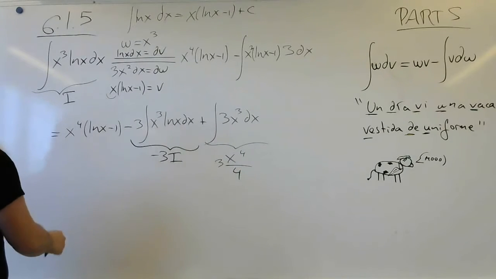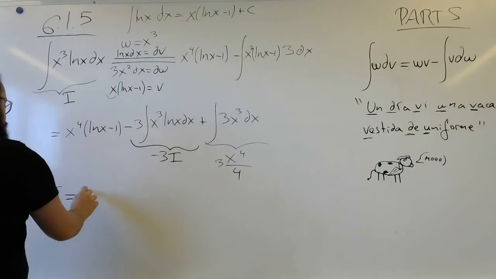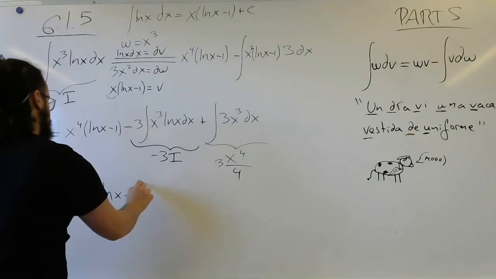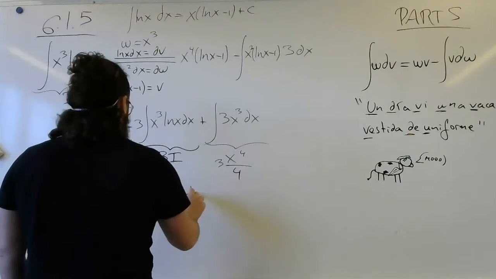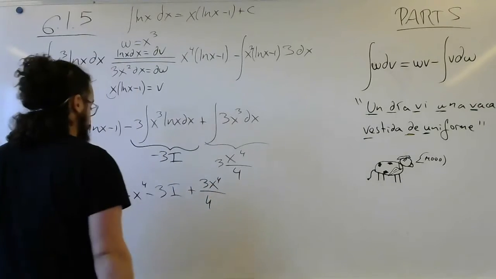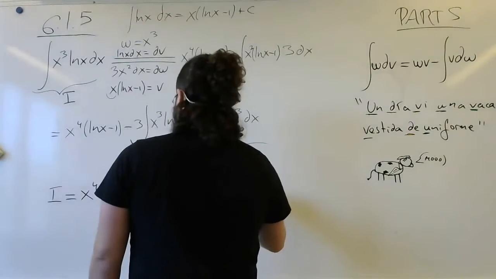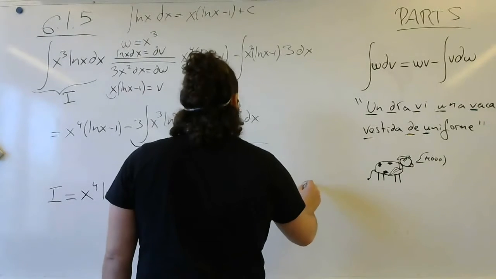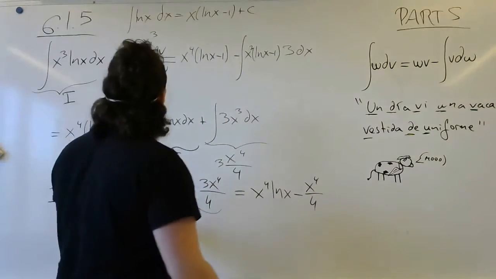And so this equation has become the following. I is x to the fourth logarithm of x minus x to the fourth minus 3I plus 3x to the fourth divided by 4 minus 1 plus 3/4. This is x to the fourth logarithm of x minus x to the fourth over 4 and minus 3I.